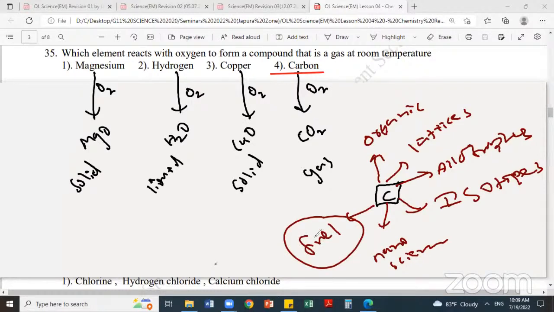Petrol, kerosene, diesel, they all contain carbon, organic hydrocarbons. Therefore, carbon is very important, and carbon is the only non-metal which conducts electricity. Carbon also has multiple valency. Then the answer is for question number 35. Question number 36.